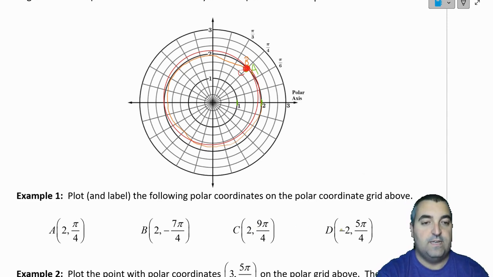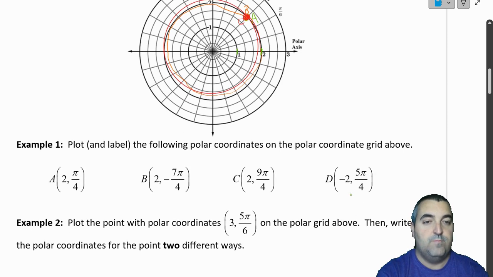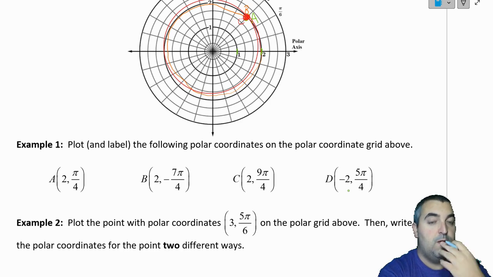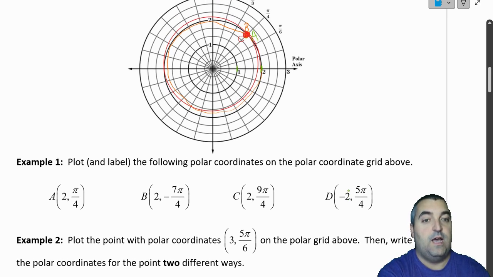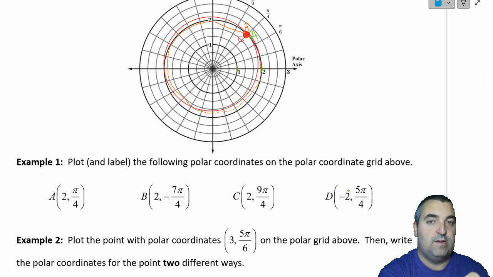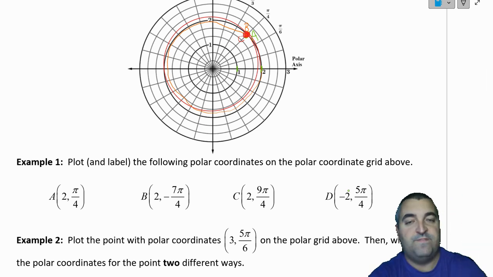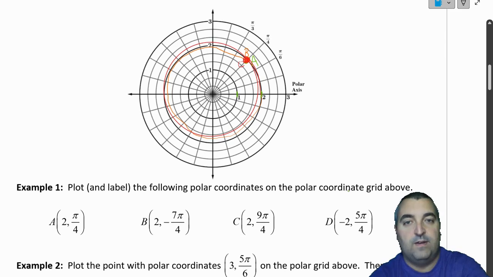Now we get to D, and D is an interesting one because we have a negative 2 radius. With this one, I'm going to measure the angle first. The other ones, I went out to 2 and just measured that. I'm going to find 5 pi over 4 and find the line.